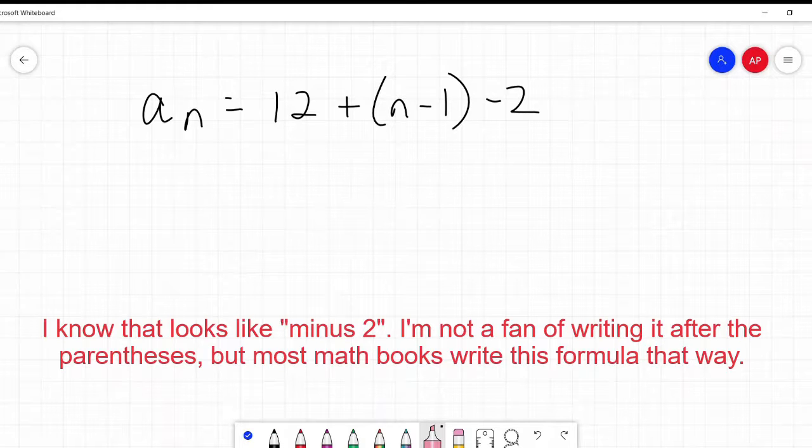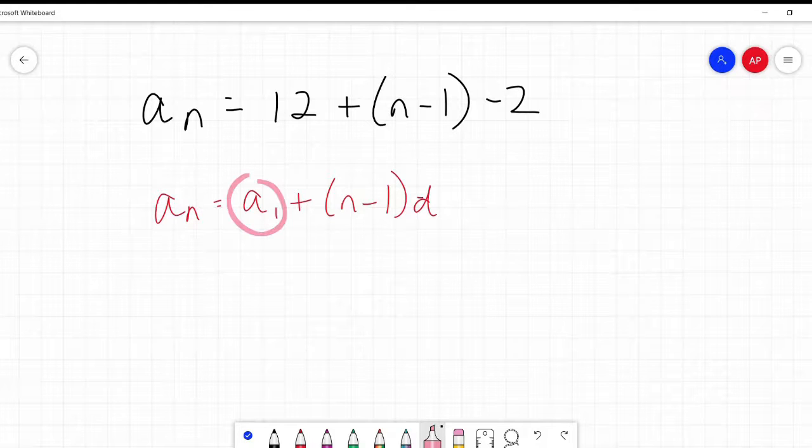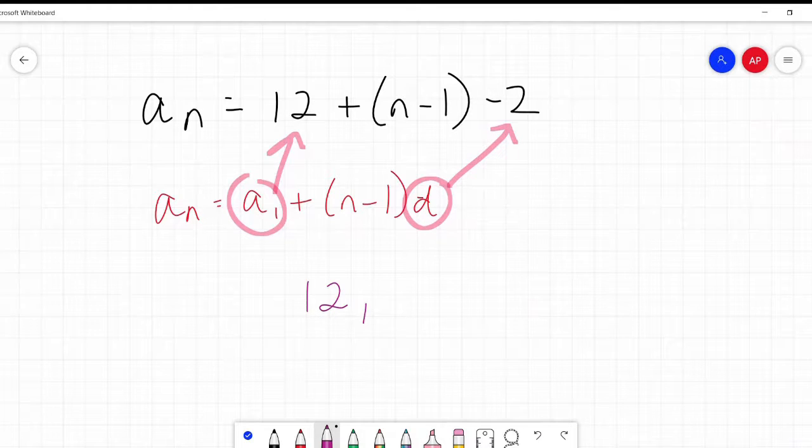Well, we know from our little template, a sub 1 plus n minus 1 times d, that this is a sub 1, our first term. We also know that d is negative 2, so we're going to be subtracting 2 each time. So if I'm writing the sequence, 12 minus 2 is 10, minus 2 is 8, minus 2 is 6, and so on.